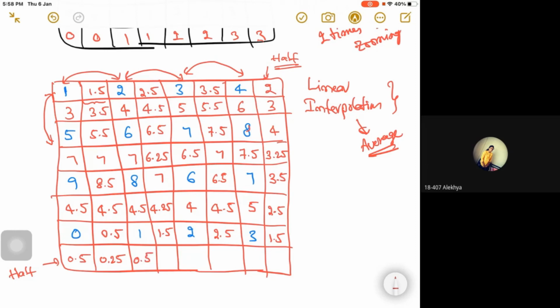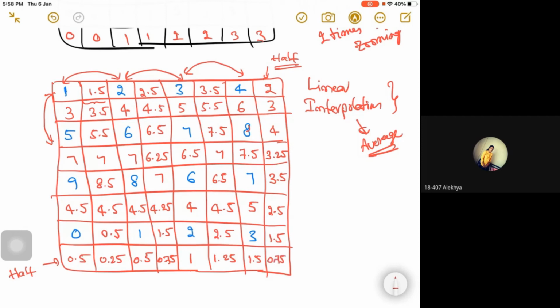Yes or no? Then 1.5, 0.75, 2, 1, 2.5, 1.25, for 3, 1.5. Here 1.5, whether with reference to column or row, you will get finally 0.75.